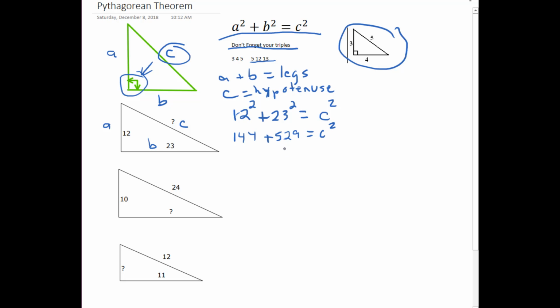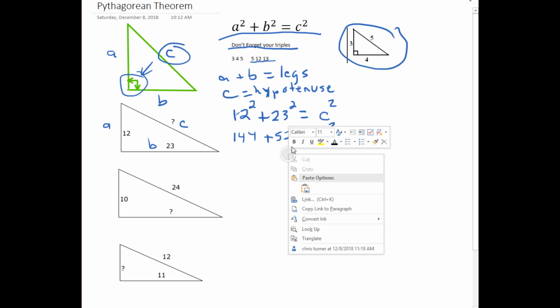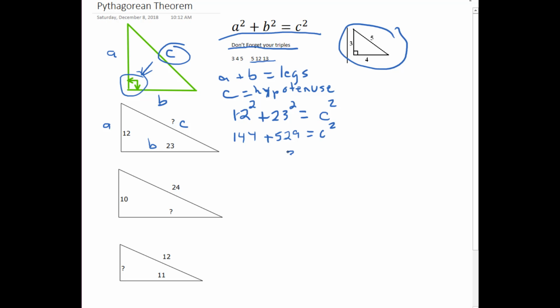If I add these two together, I get 673 equals C squared.